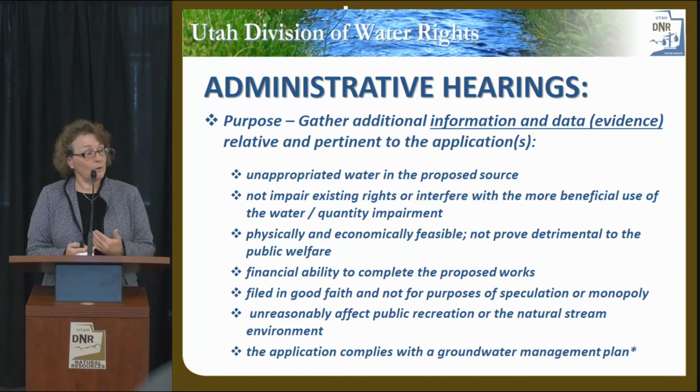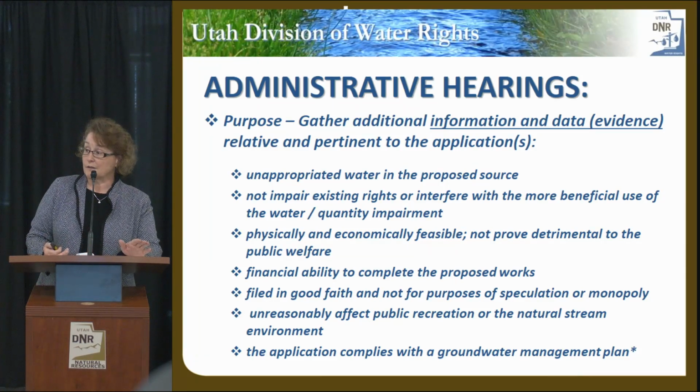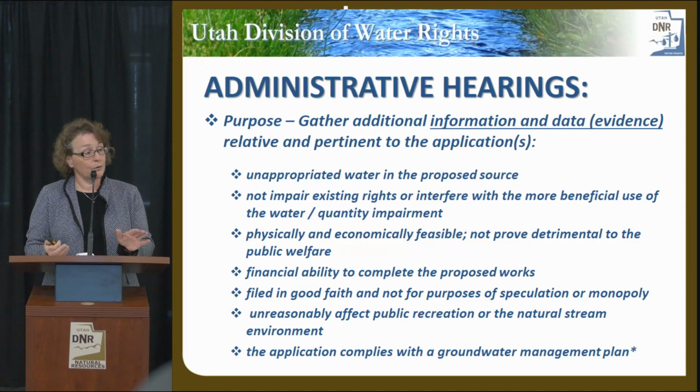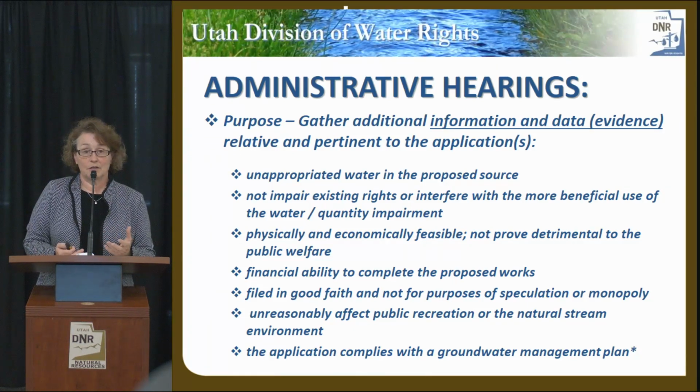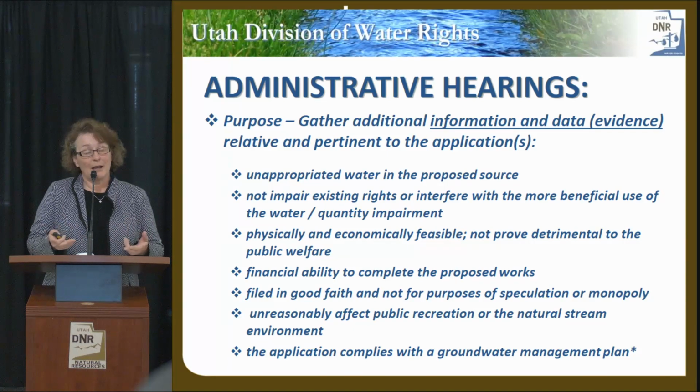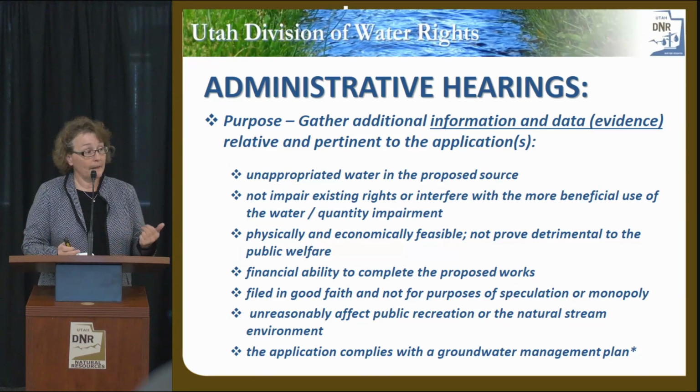That's not something that we look at under an application. That may be a county issue. Or that this drinking water system needs to be approved or further approval. Well, that would be the Division of Drinking Water. So as an applicant and a protestant, I think the biggest message to take away is look at this criteria that we have, the legal framework to evaluate those applications, and make sure you're focusing on that and helping us understand.